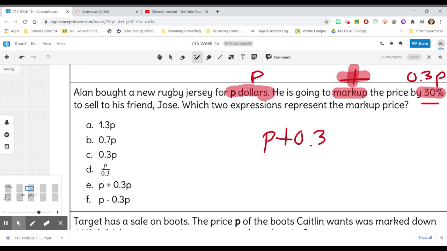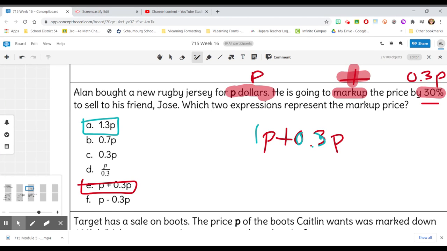Do I see any letters that match this expression? I do. Letter E. If I were to simplify this expression and put an invisible 1 in front of this P, it's like I have 1P plus 0.3P. If I add those two together, I get 1.3P. So my two answers are P plus 30% of P, or 130% of P.